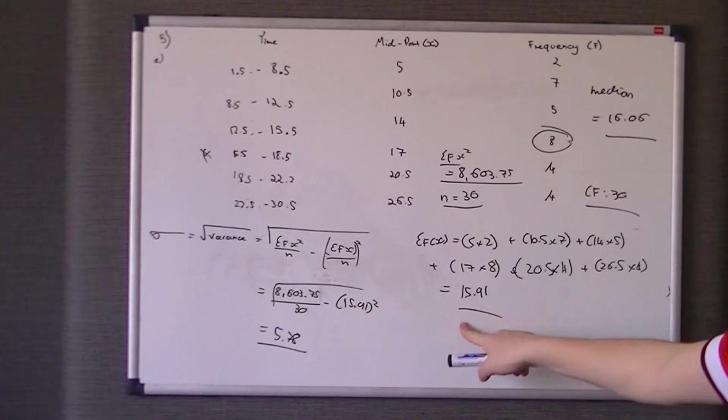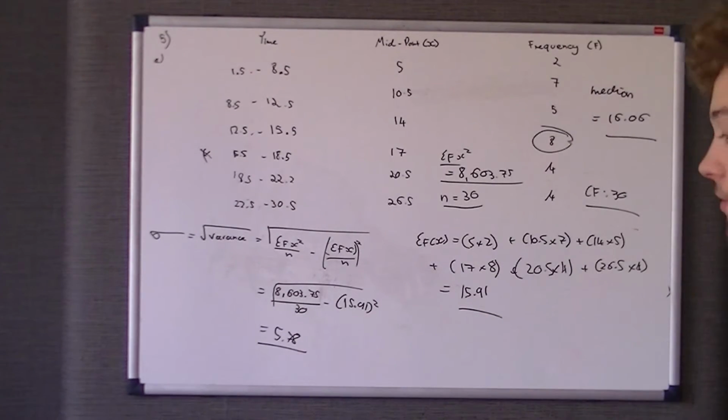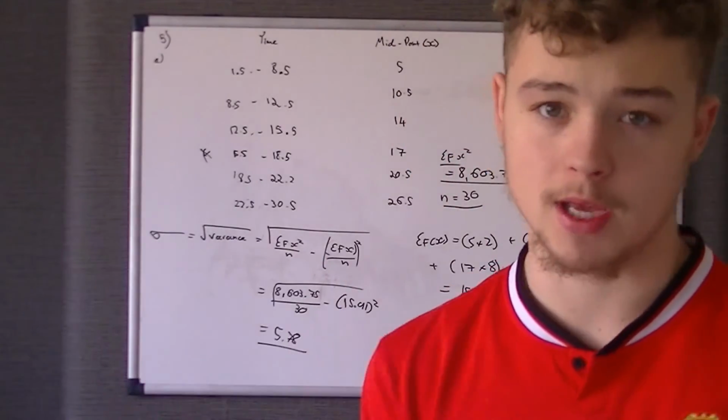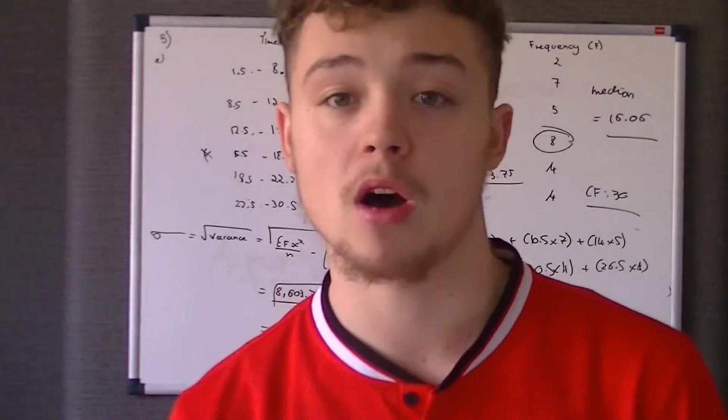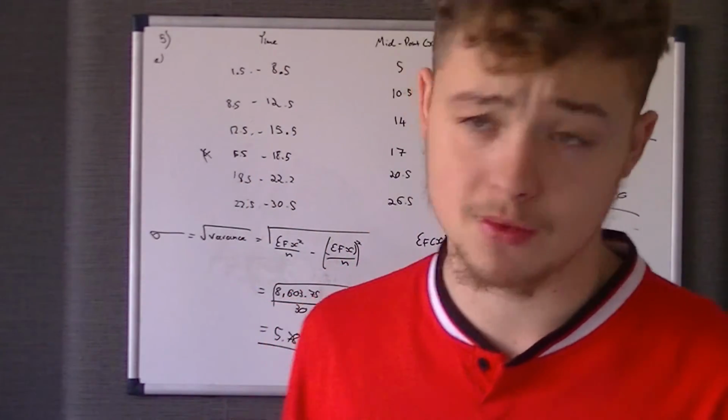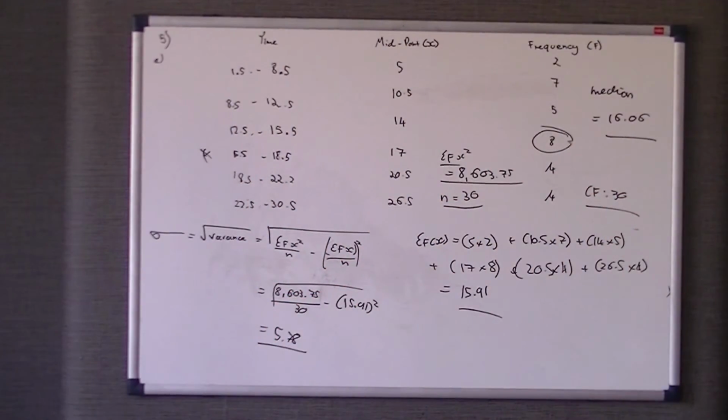Our mean is 15.91, and if there's a standard deviation of 30, and we've got 3 on either side, that's clearly far too much. So we need something a lot more reasonable, something in the realms of 5 or 6. Obviously for this question that was bang on, but you get what I'm trying to say.